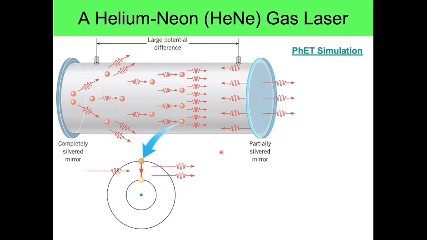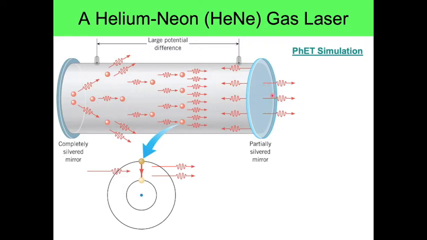And well, there are two types of laser device, but the first kind is the gas laser. This is the helium neon gas laser, where the helium neon mixture is sealed inside a vacuum tube, and there are mirrors set up on both ends, but one of the ends is half mirrored, partially mirrored.